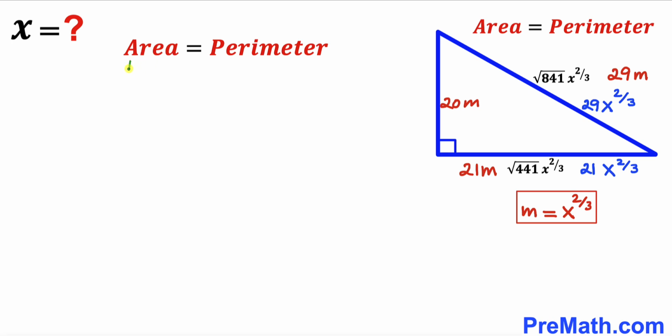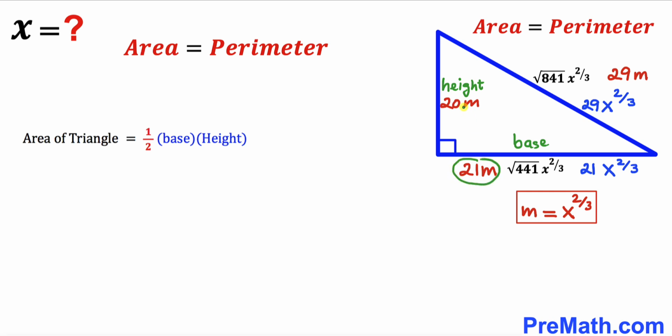We know that the area of this blue triangle is equal to its perimeter. Our task is to calculate its area and the perimeter as well. Let's recall the area of a triangle formula: area equals a half times base times height. In our case, our base is 21 times m and the height is 20 times m.